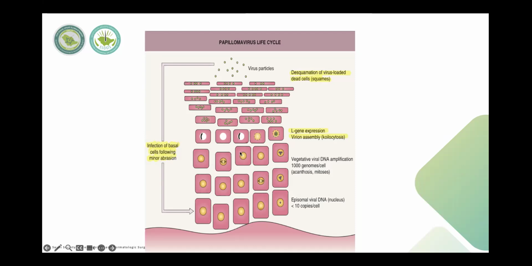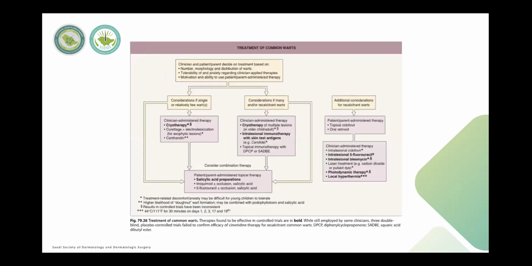By changing the gene expression, it can lead to excessive proliferation and the formation of hyperkeratotic skin, and also excessive blood vessel formation, and that's why you also see the thrombosed blood vessels.